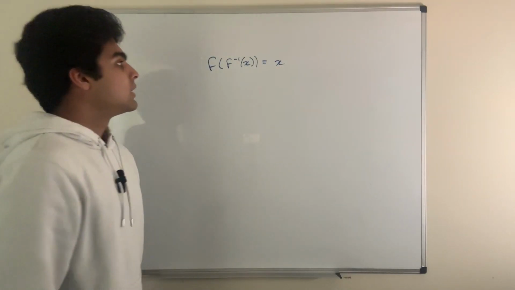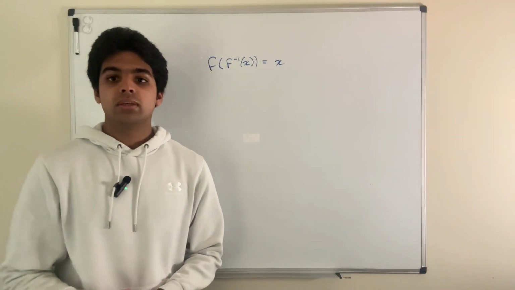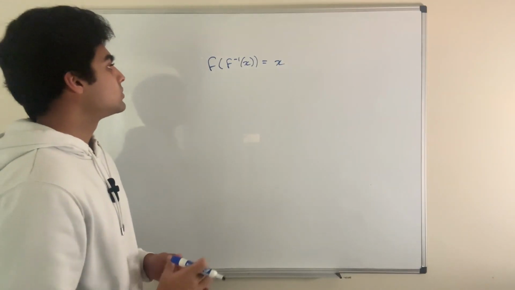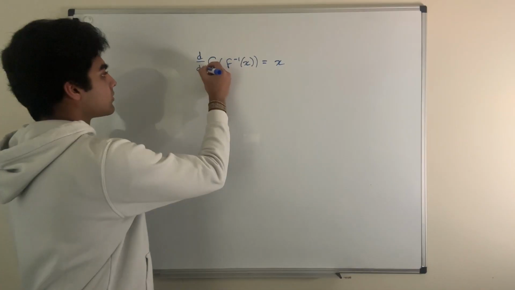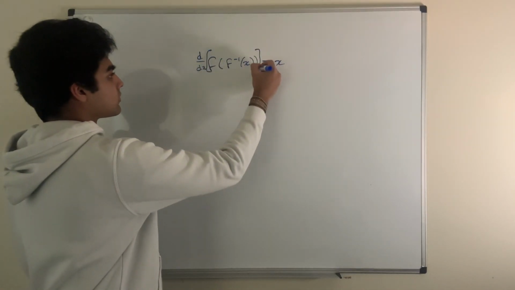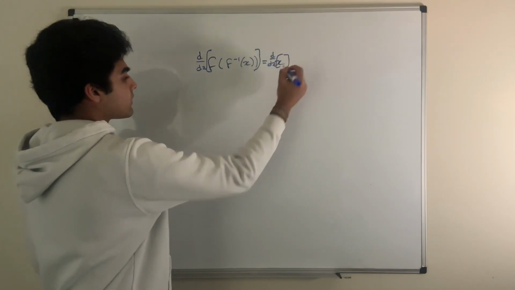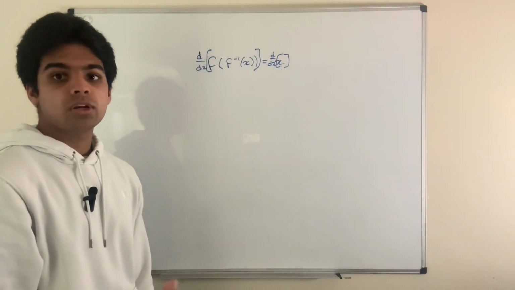And what we want to do is find the derivative of the inverse function. So what we can do is take the derivative of both sides. And this is just a composite chain rule problem.